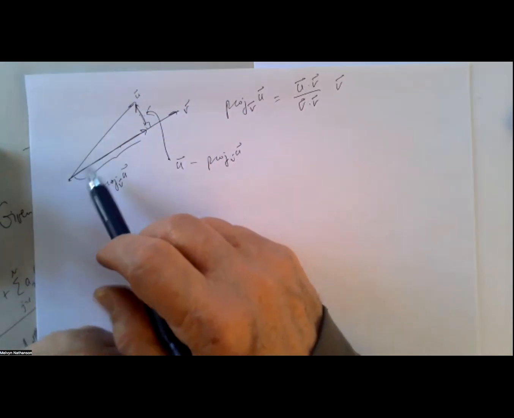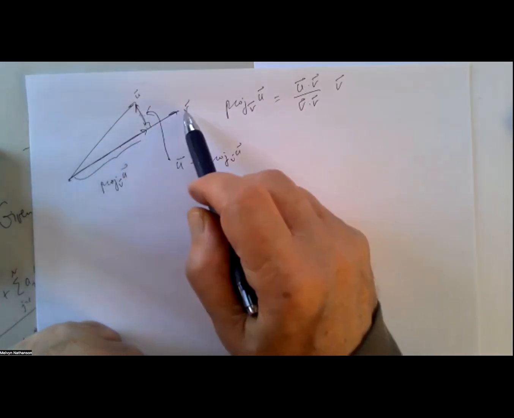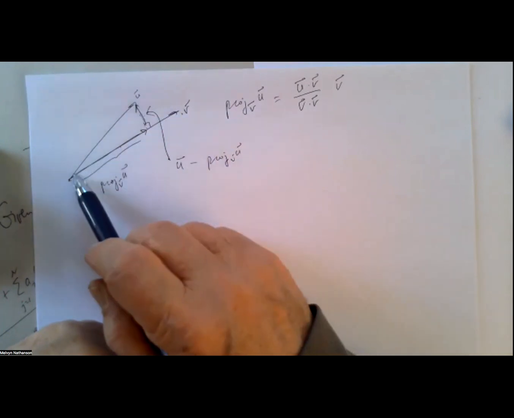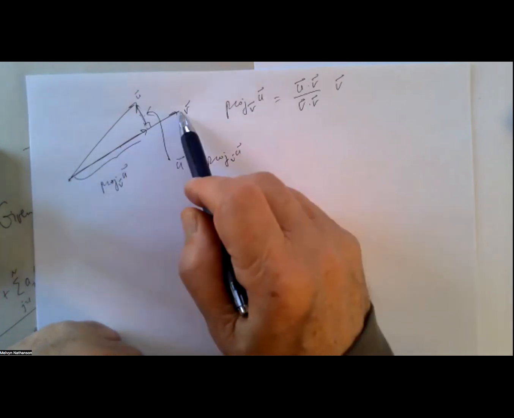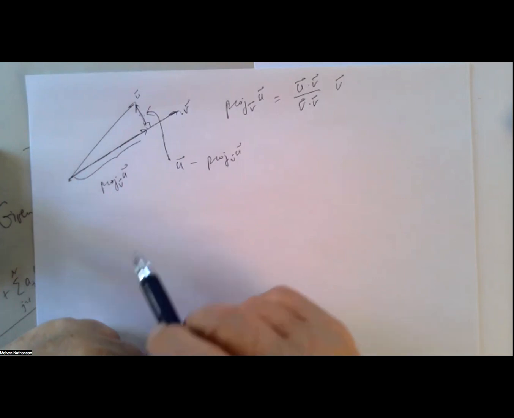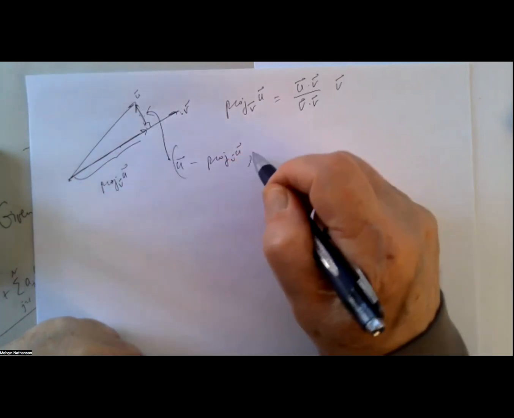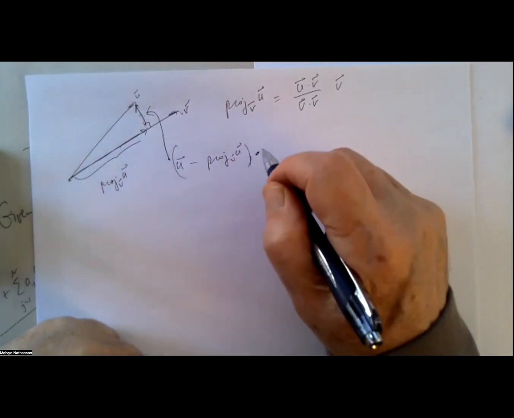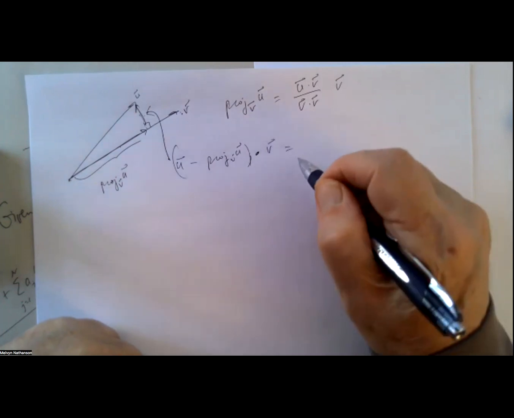So we can decompose a vector U with respect to V as a vector parallel to V and a vector perpendicular to V. And in fact, if you take the dot product of this with V, what do you get?